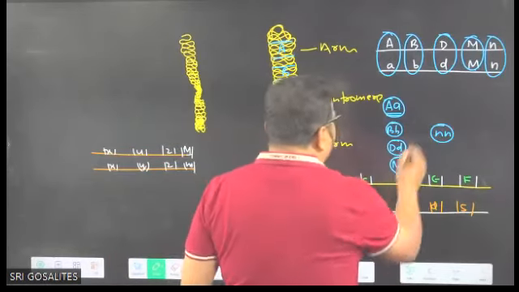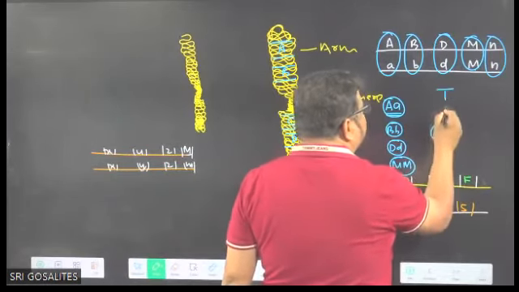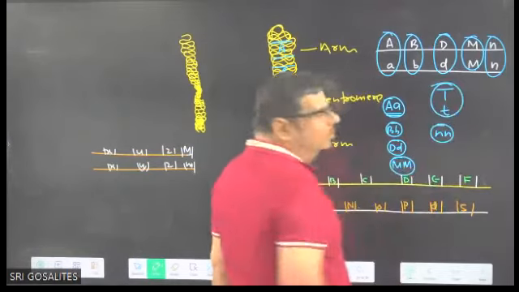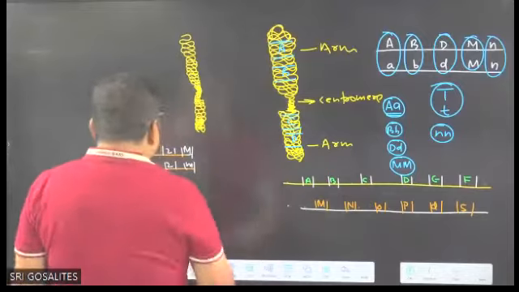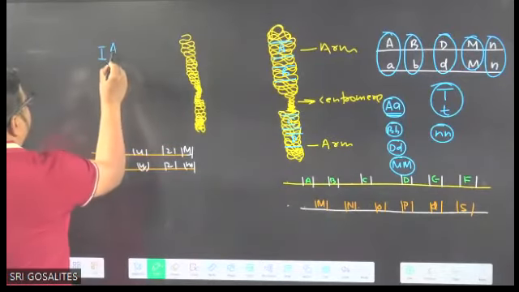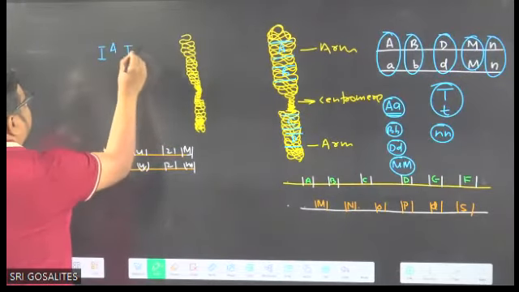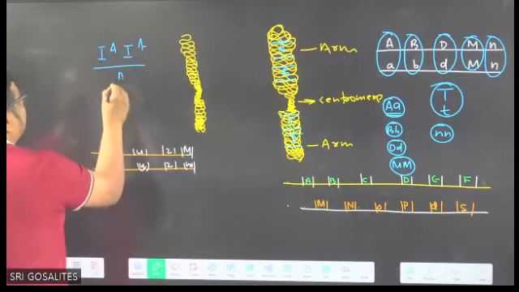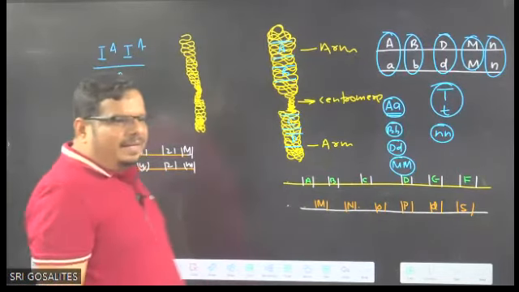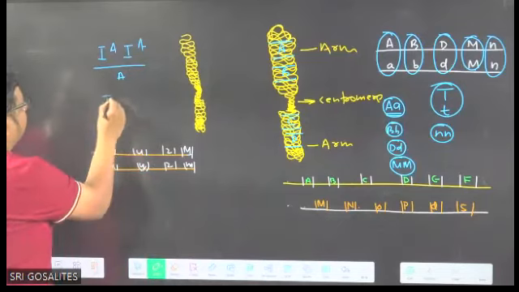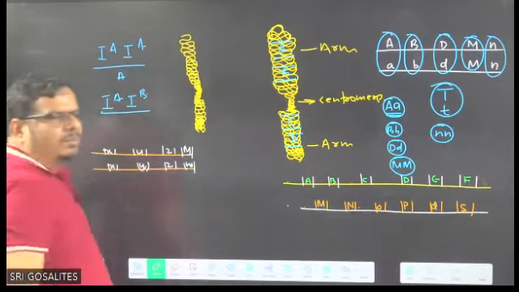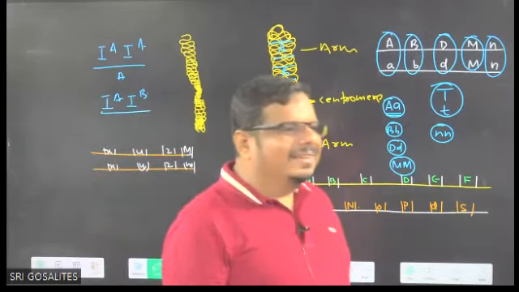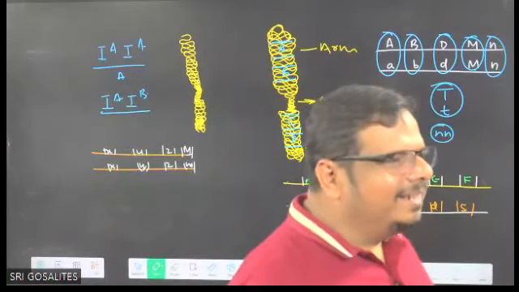For height, suppose daddy contributes capital T, mummy contributes a small t. You become what? Heterozygous. For blood group, mummy contributes capital A and daddy contributes capital A. You become of A blood group. If mummy contributes capital A, daddy contributes capital B, you become of AB blood group. Are you getting the idea?